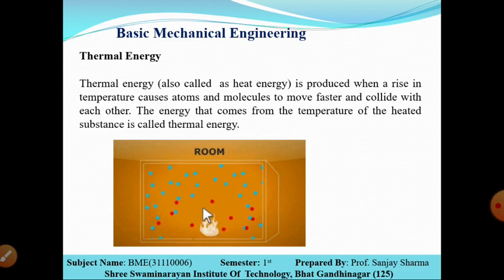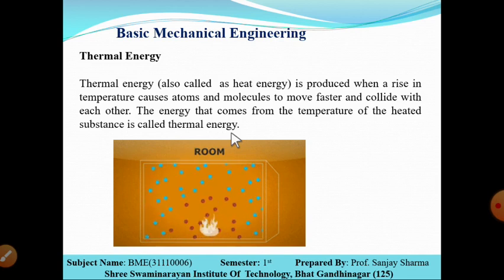The red ones have more energy, and when they are liberating, they start transferring energy from one atom to another atom. So supply of heat energy increases the atomic motion or collision. The energy that comes from the temperature of the heated substance is called thermal energy.